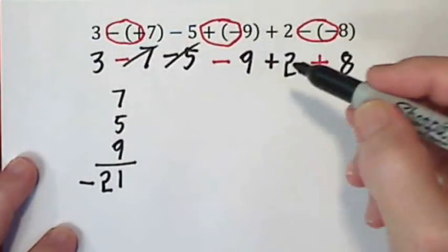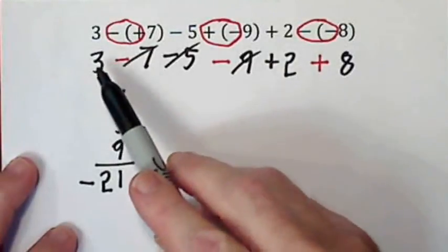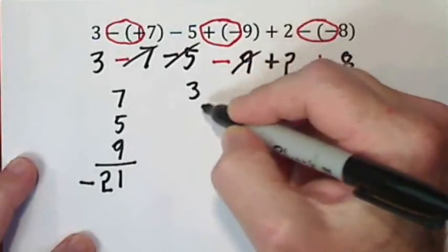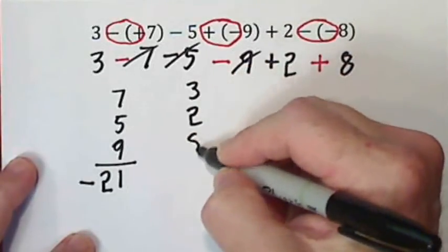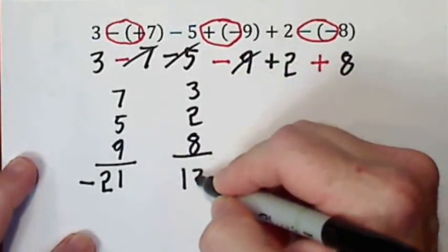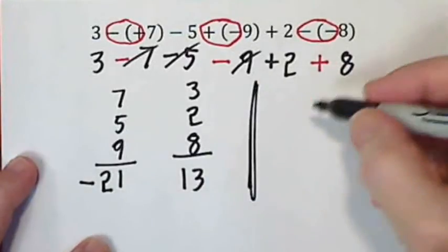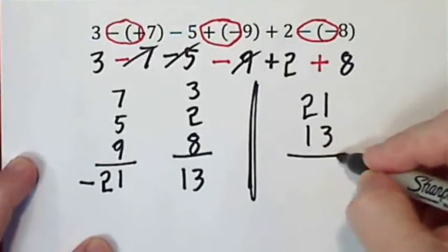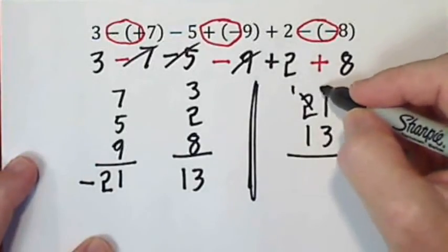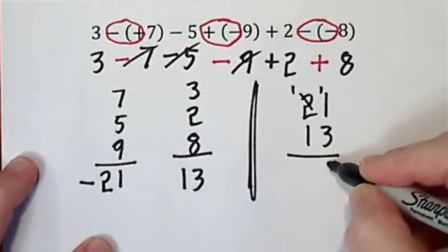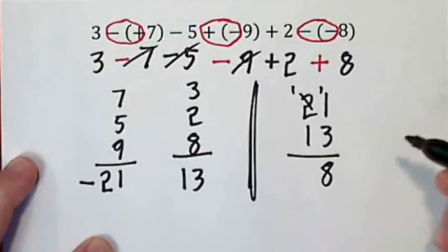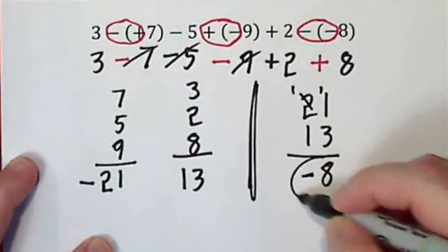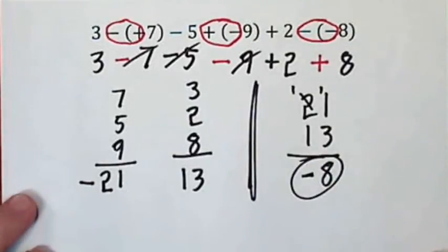I've taken care of that, that, and that. The only thing left is 3, 2, and 8. And I have one subtraction. So as an answer, we get negative 8.